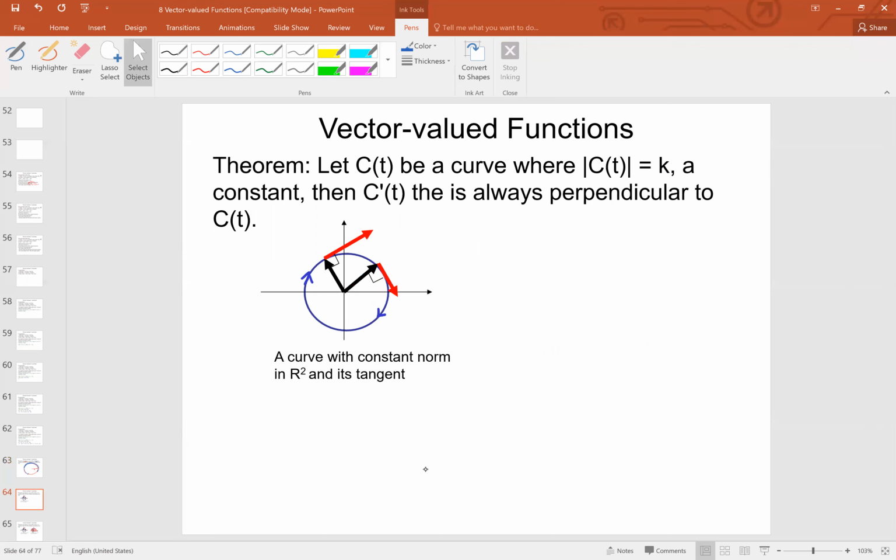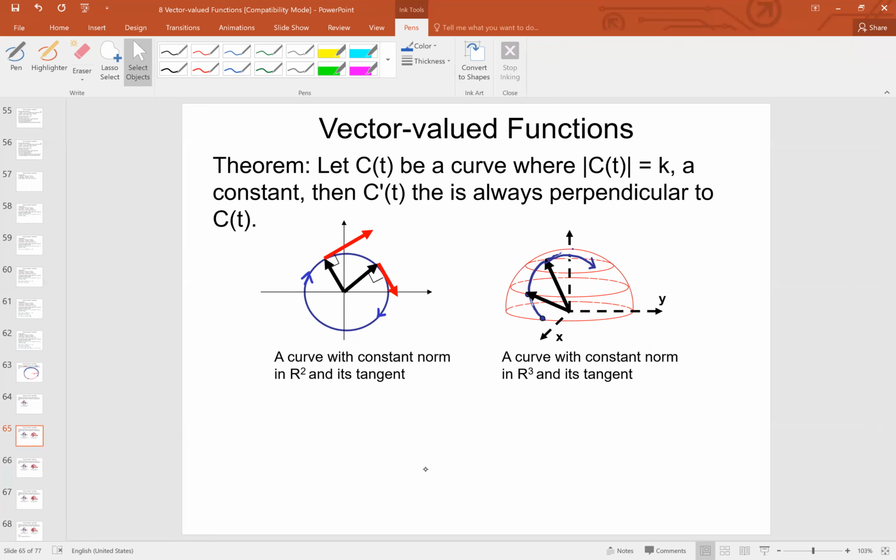In three-dimensional space, it means the particular curve is on the surface of a sphere. You can think of basically a car or ant crawling around on the sphere, because the distance to the center is always the same.